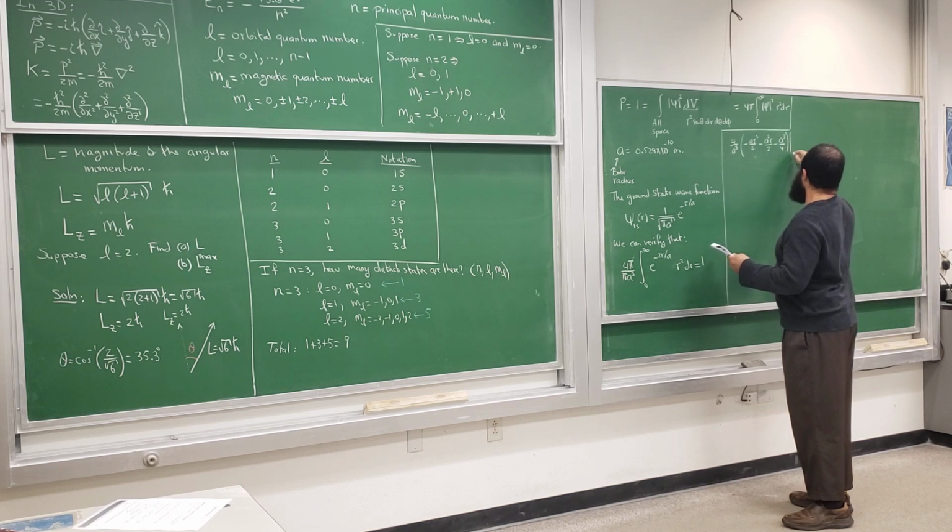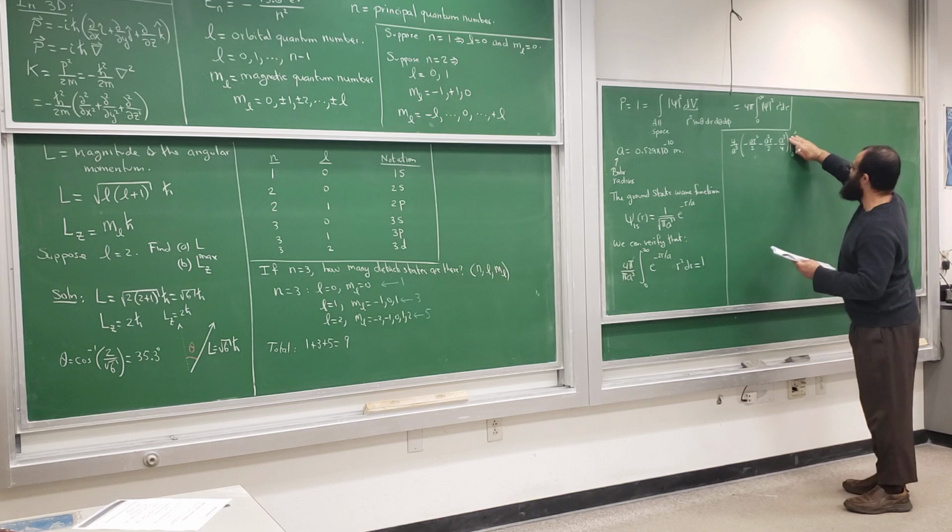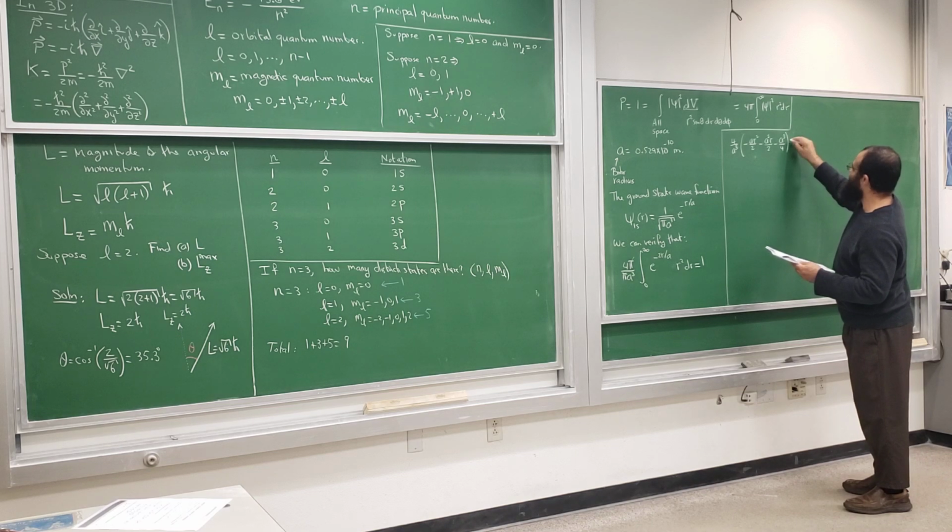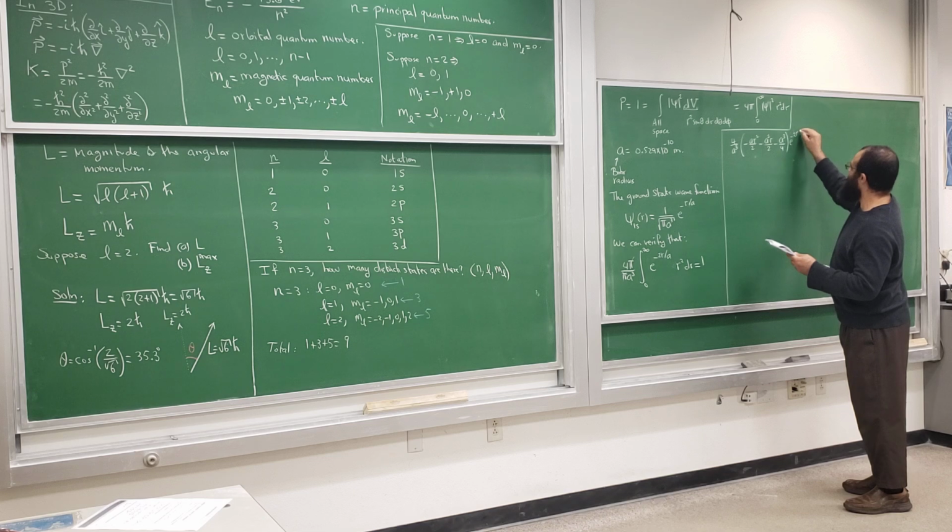And so evaluate between 0 and infinity. Oh, I forgot my exponential, that's the one that matters the most, right? Minus 2r over a.